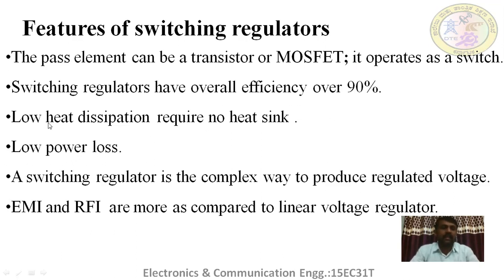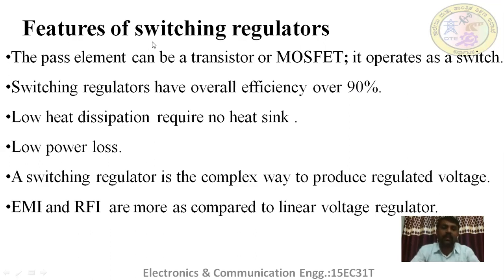As I said, there is less heat dissipation. There is no requirement of heat sink. You can see this type of heat sinks in IC voltage regulators like LM series and 7805 series ICs. And there is less power loss. Because of this less power loss, you can achieve efficiency of 90%.